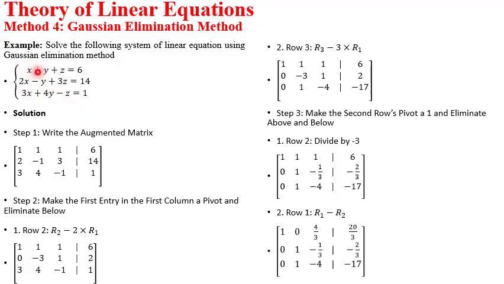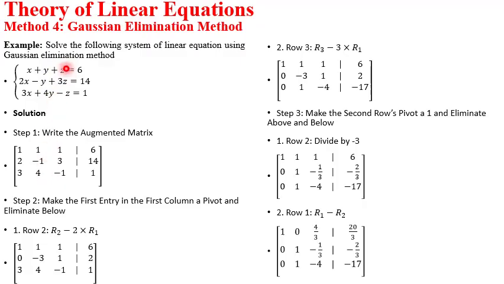The matrix form of this system of linear equations is to write down the coefficients of all the variables. The coefficients of x in the first, second, and third equations here are 1, 2, and 3, so you write 1, 2, and 3. The coefficients of y in equations 1, 2, and 3 are 1, minus 1, and 4.